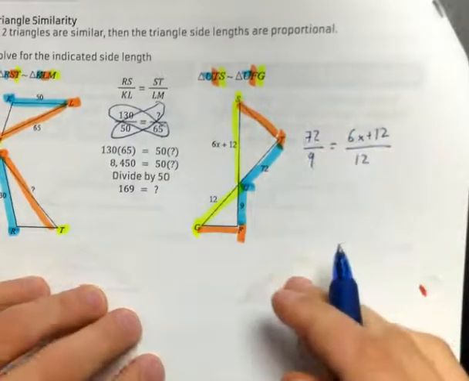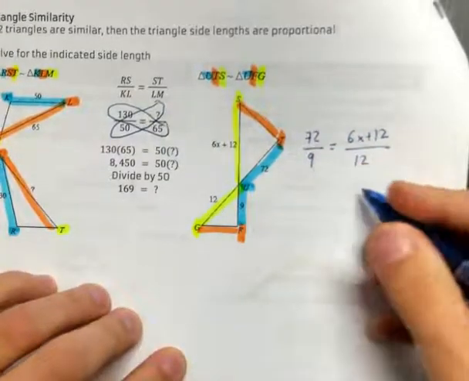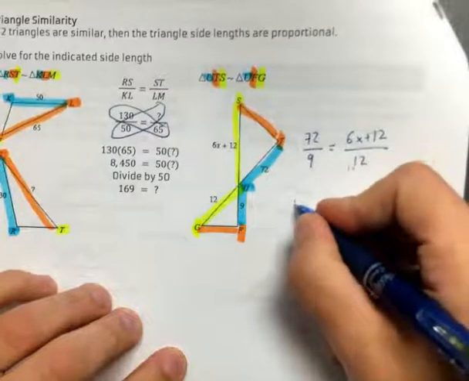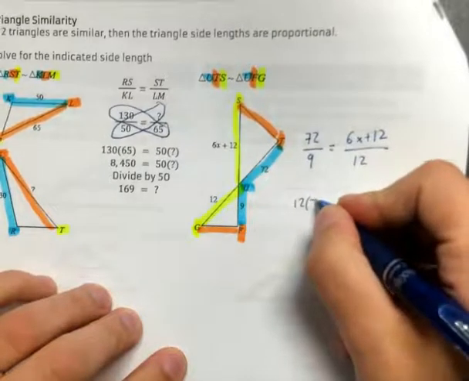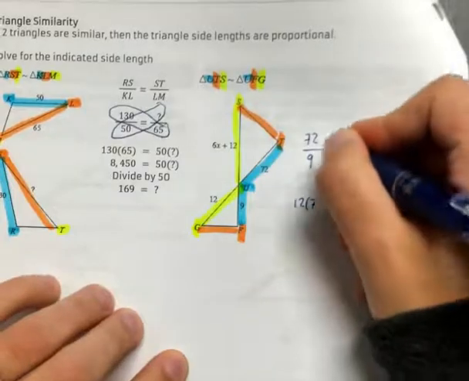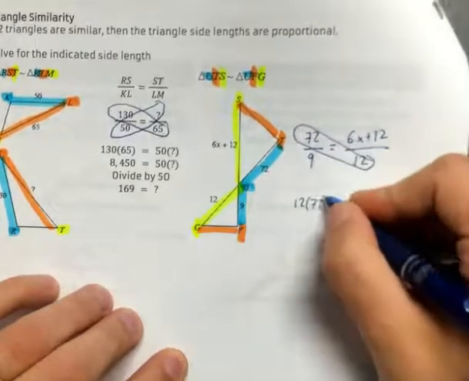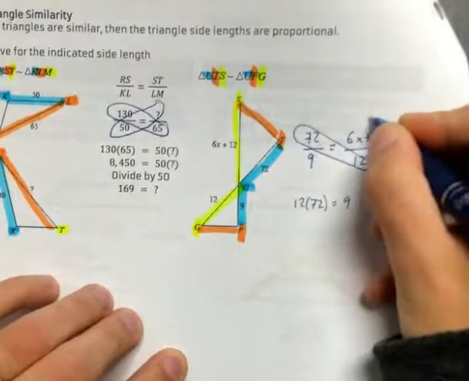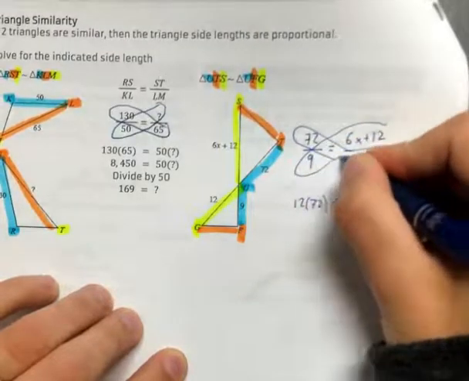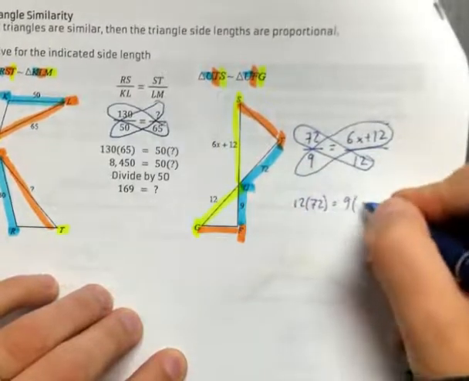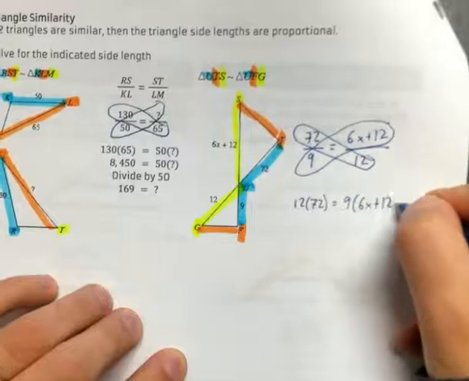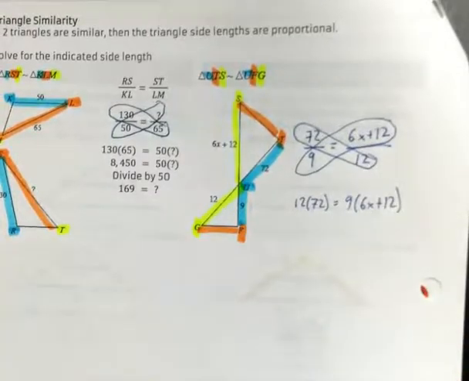Cross multiply. So I get 12 times 72 is equal to 9 times 6x plus 12. Okay?